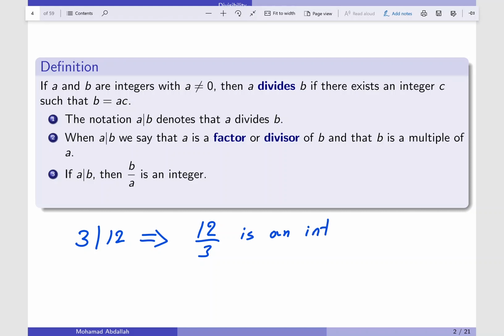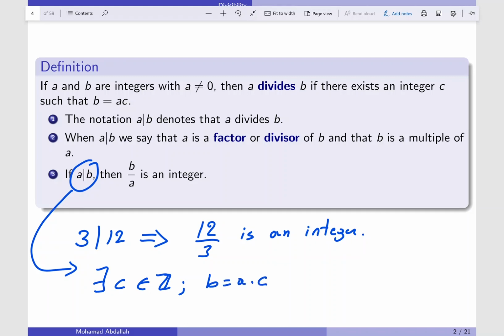It's not hard to prove this in general, because if A divides B, this means that there exists C in Z such that B is equal to A multiplied by C. Now remember, in my definition I said that A is not equal to 0, so I can divide both sides by A. That means B over A is equal to C. And C was an integer, so that's why B over A is an integer.